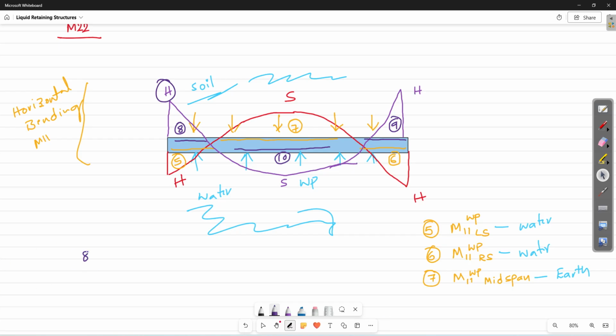Next, reinforcement number 8, again, it is horizontal bending M11. It is because of earth pressure, and it is at left support. Next, reinforcement number 9. So M11 horizontal bending, it is because of earth pressure, right support. So reinforcement number 10. So it is M11. It is because of earth pressure, and it is provided at midspan.